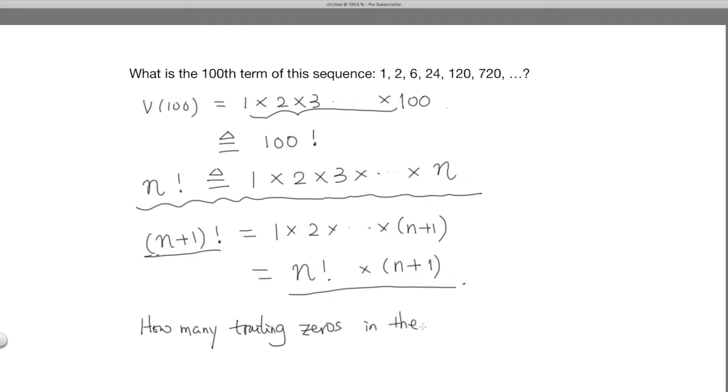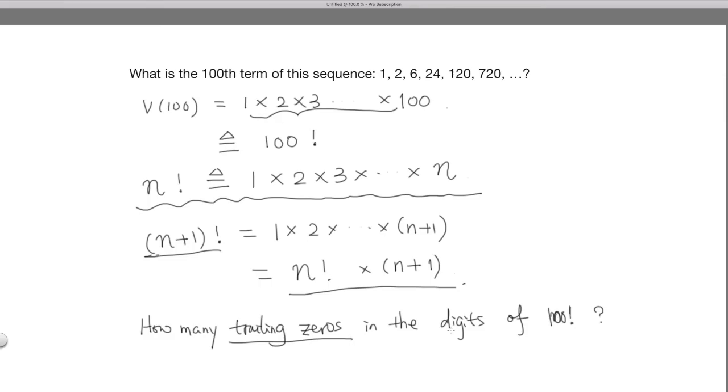For example, one problem asks how many trailing zeros there are in the decimal representation, in the digits, of, let's say, 100 factorial. When I say trailing zeros, it means that when I write down 100 factorial as a number, how many zeros end this sequence?